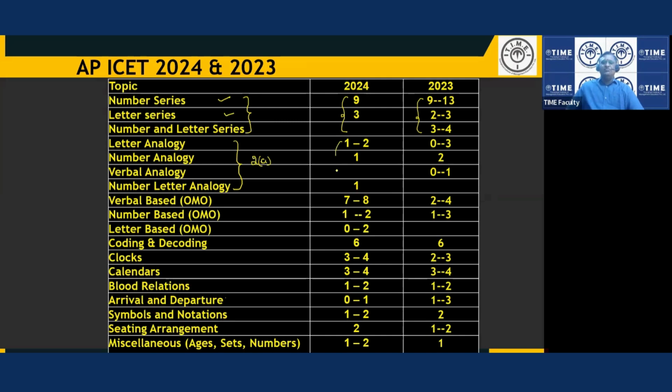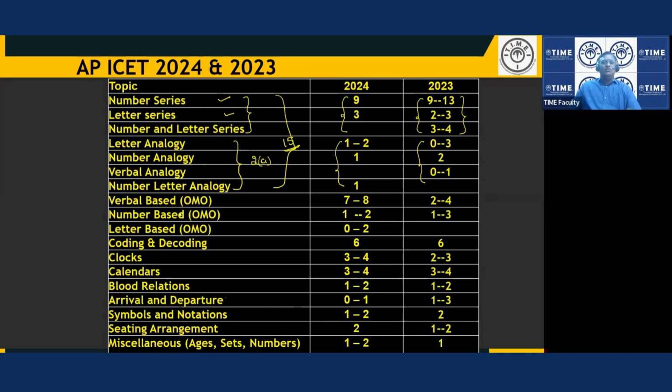From all four of these you have around 3 to 5 questions on average in 2024 and 2022. In 2023, analogy questions in the APICET paper are very few because number series was concentrated on. In 2024, we have more analogy questions because number series questions are only 12. So overall, the two topics, series and analogies, are covered by around 15 questions.